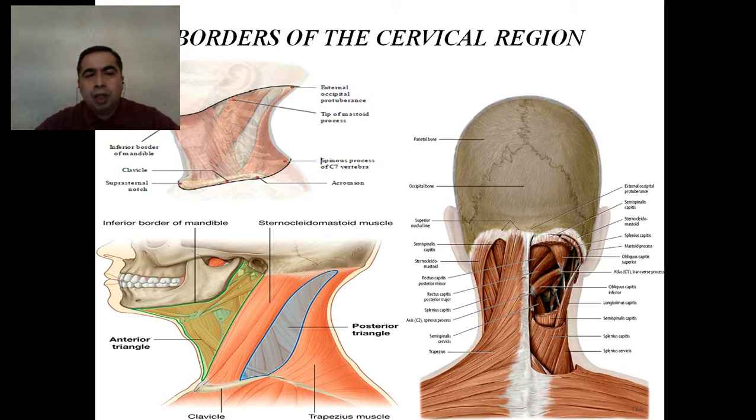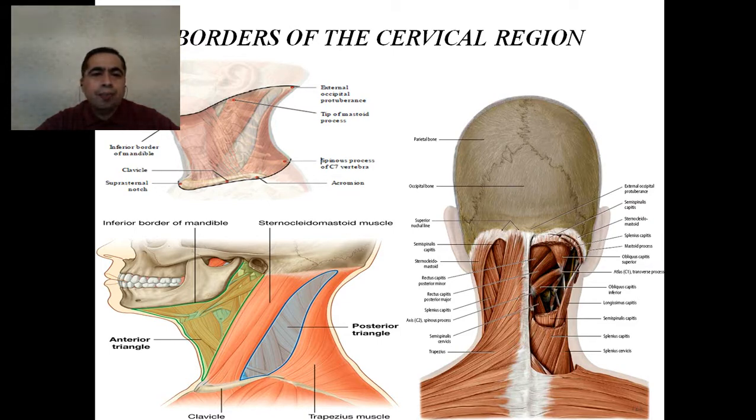Despite this small size, the neck area has great importance in theoretical and especially clinical practice, especially in surgery.